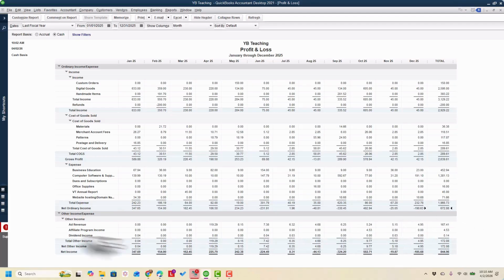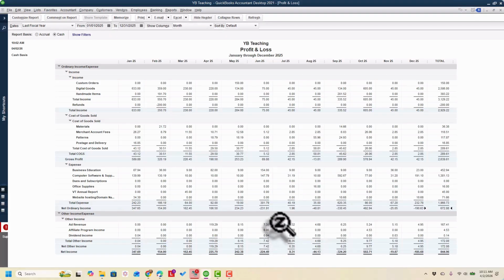The next thing we want to look at is other income, like our ad revenue, revenue from affiliate programs, dividend income, and in some cases, depending on how much you have diversified your income, that can really save your butt.